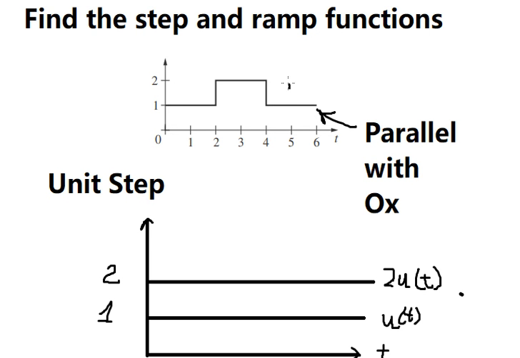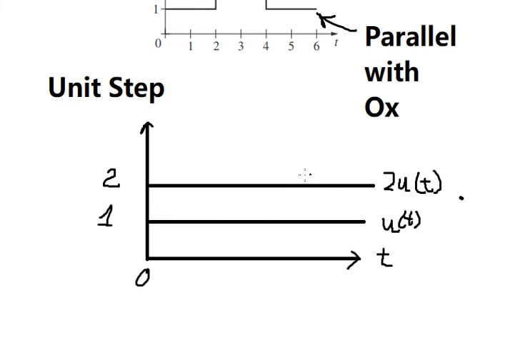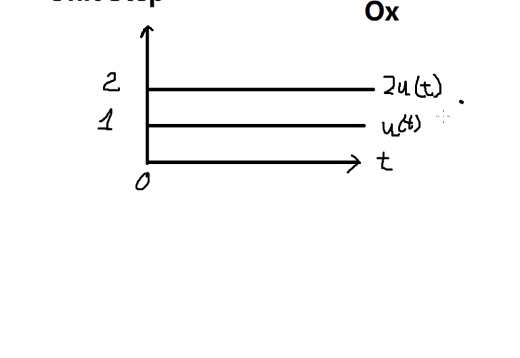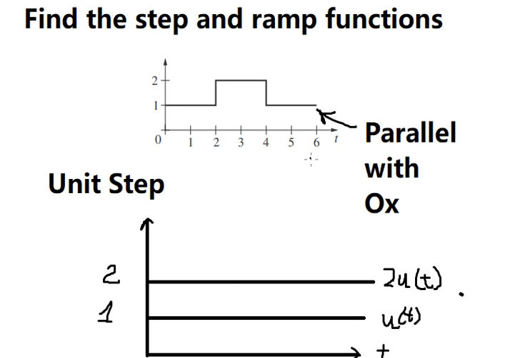And later from here they will reduce back to number 1. So they will increase at number 2 and they will reduce at number 4. So that means 2u(t) starts at number 2 and later we need to minus another unit step, to reduce back to number 1.